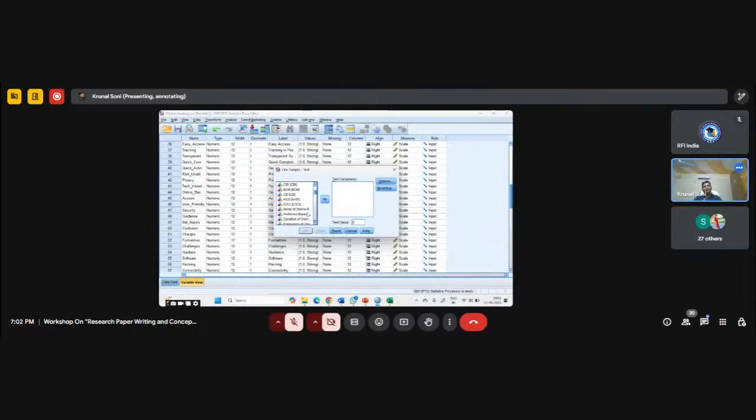But if you want to test the difference with consideration of the average value, we have just seen the test value for security. Let's take the security parameter only. It was 4.06, so I apply the test value of 4 over here.